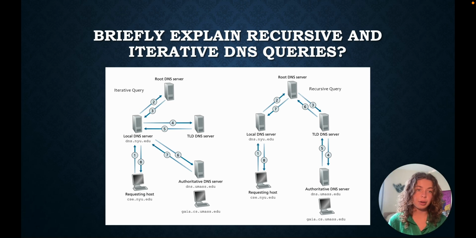The client must then repeat that process with the referred server, so the client continues querying different servers until the answer is found or an error is returned. So in summary, for recursive, the server does all the work and provides that final answer, and for iterative, the server provides a referral and the client will continue to query other servers.